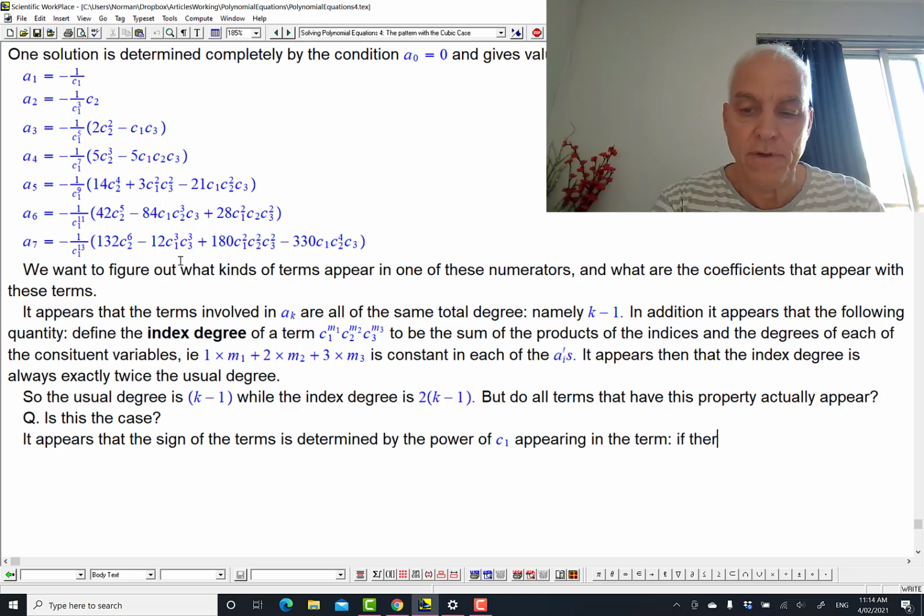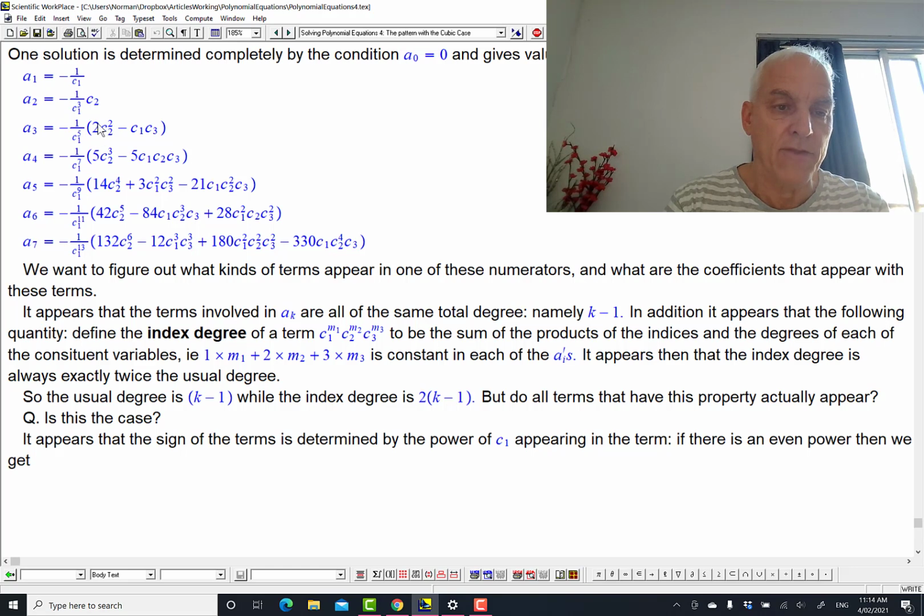If there is an even power, then we get, well, it depends on whether we're including this minus sign, but if we're just looking at these terms here, an even power, then, for example, this one here is an even power.